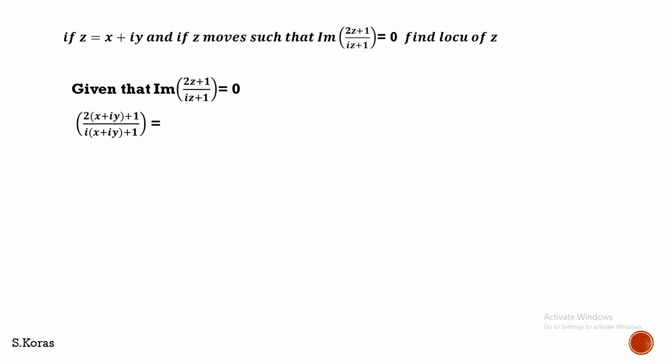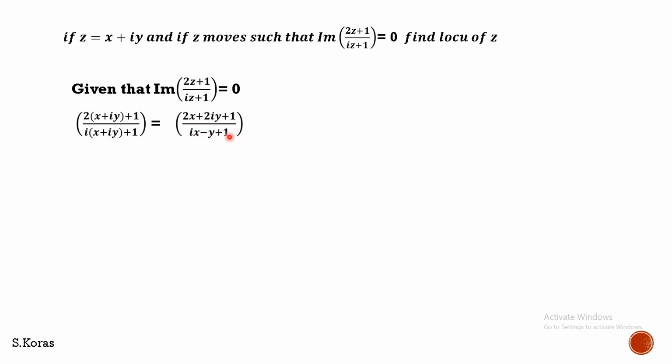Instead of z we write x plus iy, and also for this z. If we simplify this, we get 2x, 2iy plus 1, divided by ix plus i squared into y. The i squared value is minus 1, so this is minus y plus 1.